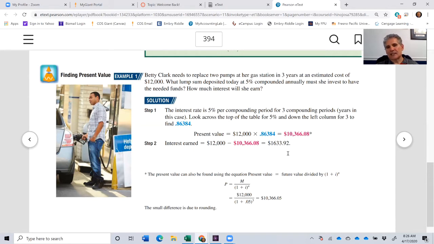That difference is $1,633.92. Betty Clark needs to put away $10,366 today in a savings account or some type of investment account earning 5%. If she does that, in 3 years she will have $12,000.